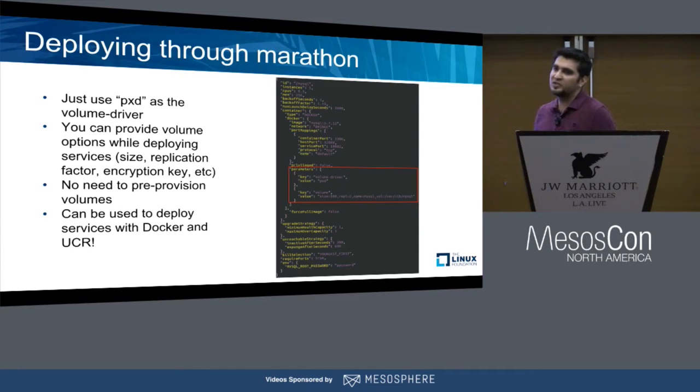To use Portworx, all you would have to do is specify PXD as the volume driver, and specify the options for the volume that you want to use. So there would be no out-of-band provisioning. As soon as you start the app and specify the volume options, you would be able to use the app. And this same method can be used to deploy apps using Docker or UCR on DCOS.